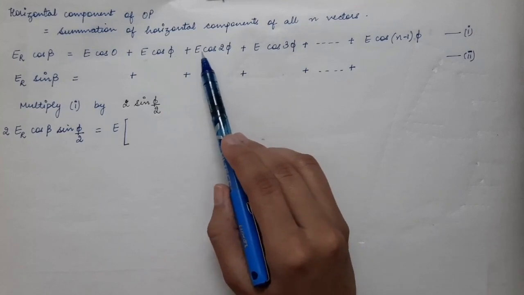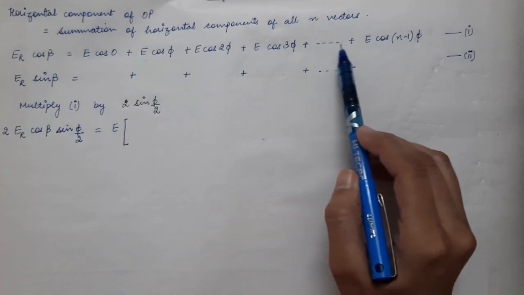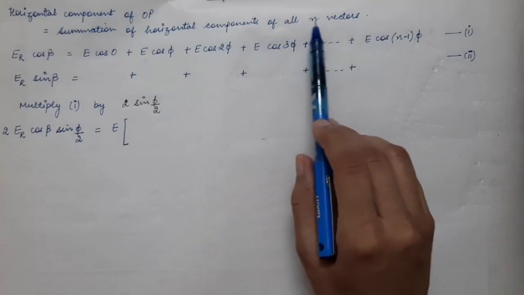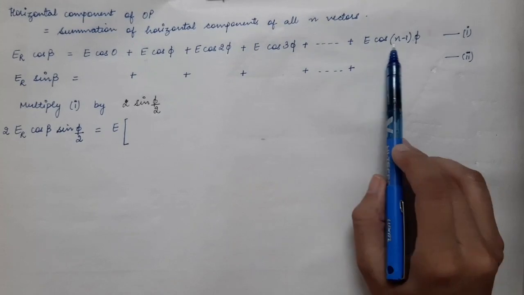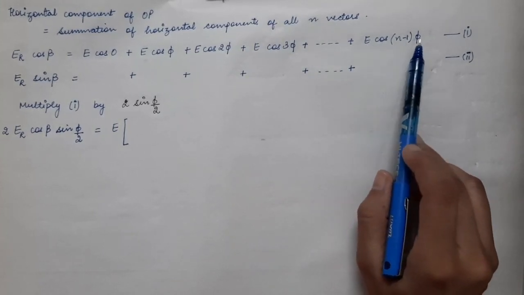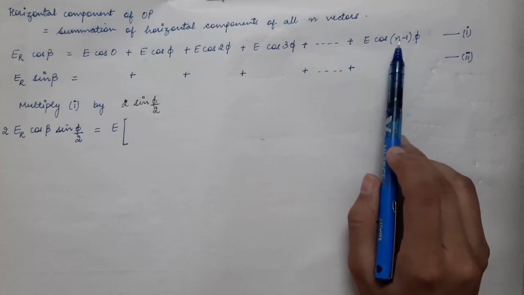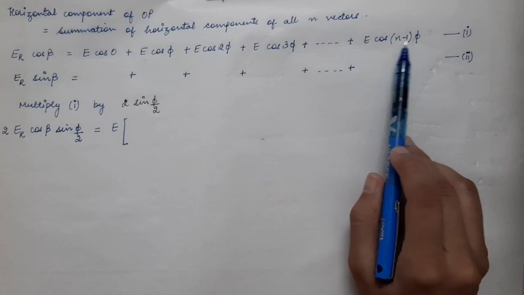And similarly plus E cos 2 phi plus E cos 3 phi, and we will do the summation of the horizontal components of all the n vectors, and the horizontal component of the nth vector will be E cos of n minus 1 times phi, because n minus 1 times phi was the angle which the nth vector made with the horizontal.